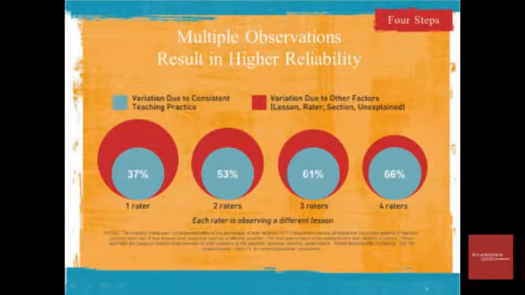Now, when we did that, we found that by the time we observed 4 different lessons, each by a different rater, it was then that we got to the point where more than 2/3 of the variance represented consistent aspects of teachers' practice.